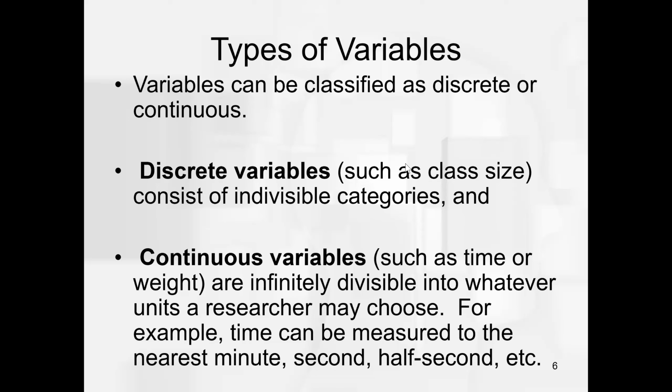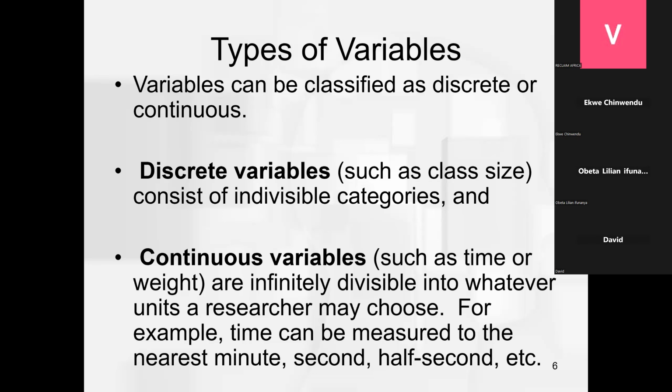We've got discrete variable, we have continuous variable. Discrete variables are indivisible categories. These are kind of variables that you cannot divide. They must come in absolute value, absolute figure. For instance, if I ask how many piglets or pigs or how many puppies, you can say 5, you can say 6.